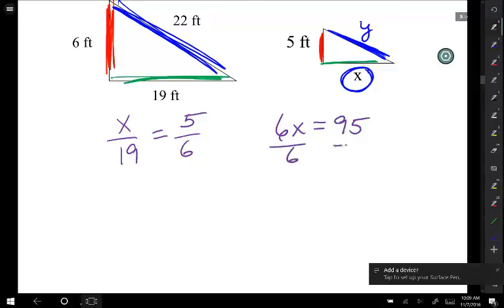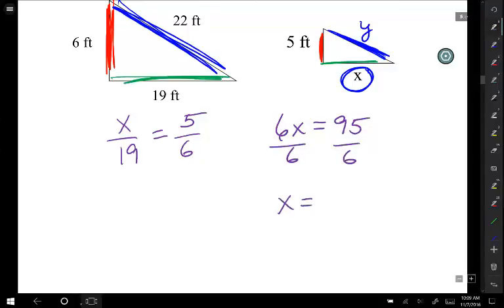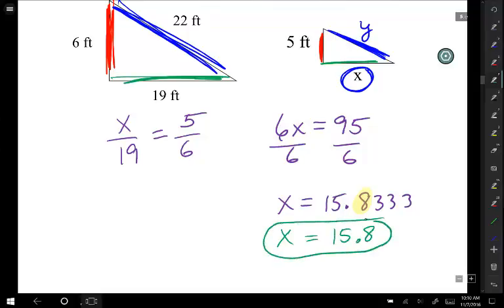We divide by 6. So 95 divided by 6 is 15.8333. Let's practice rounding here. I'm focusing on this 8. Does that 8 stay the same, or does it round up? It stays the same. Rika, does that make sense? Okay.